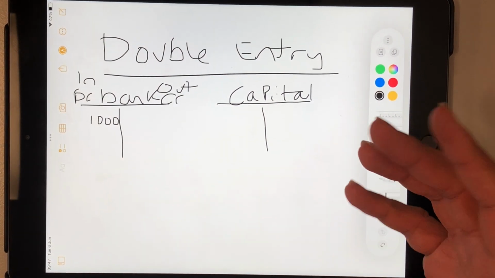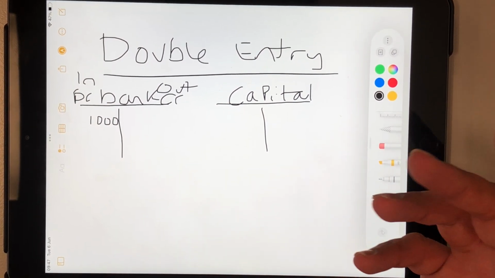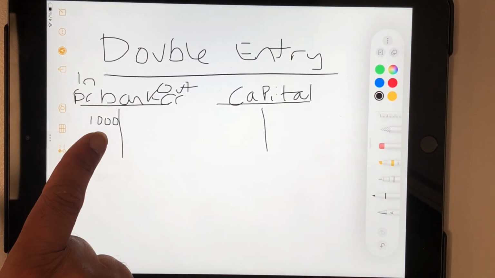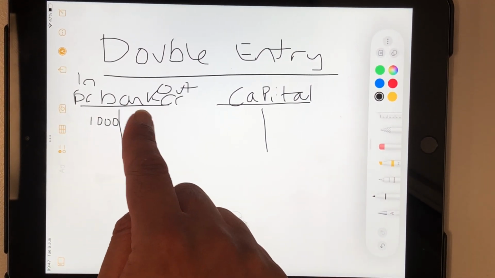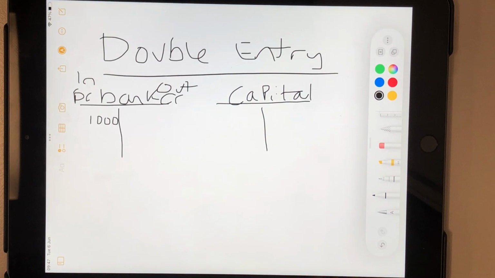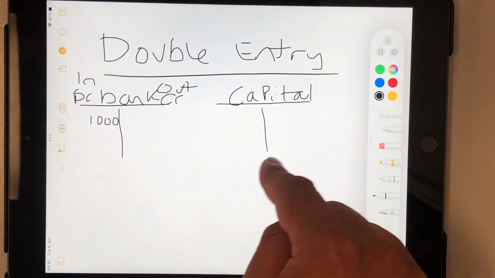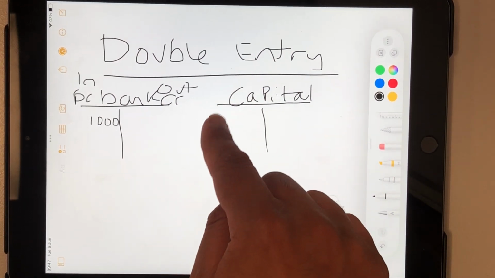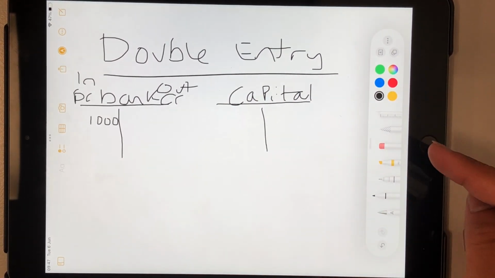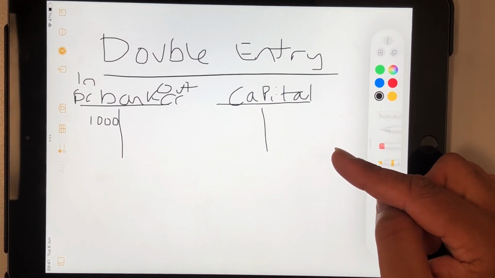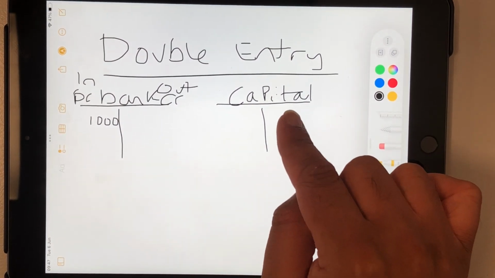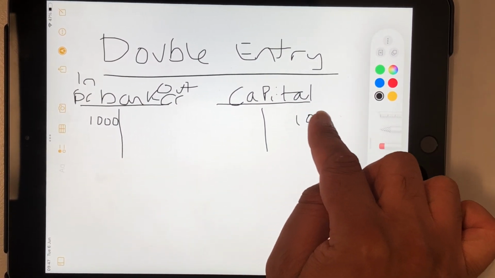So for example, like I said, we're going to keep this simple. We've put money into our bank account. What have we done to the bank? We have debited the bank. Now that means we have to put something into the other account, the capital account, and this shows the amount of money we have invested. So what are we going to do with capital? We are going to credit the capital account.